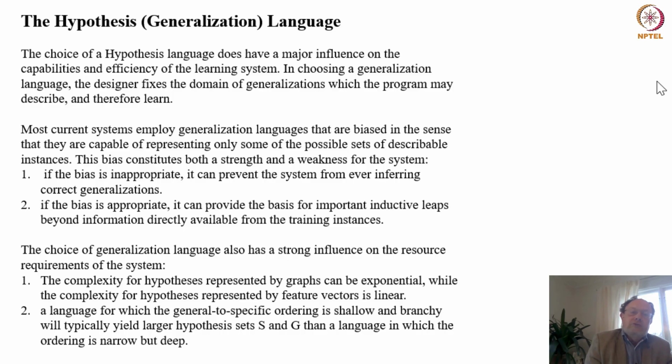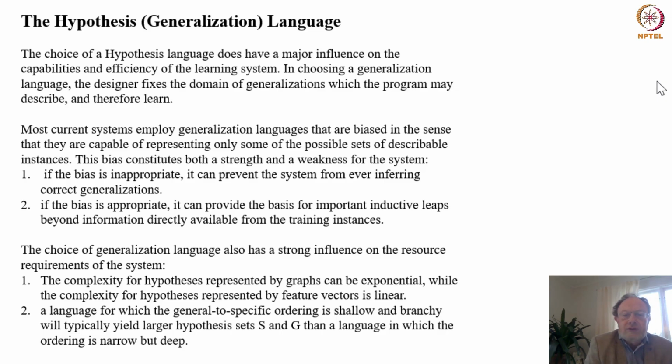So most systems in some way use a generalization language that is biased, in the sense that the language is capable of representing only some of the possible sets of describable instances, not all.